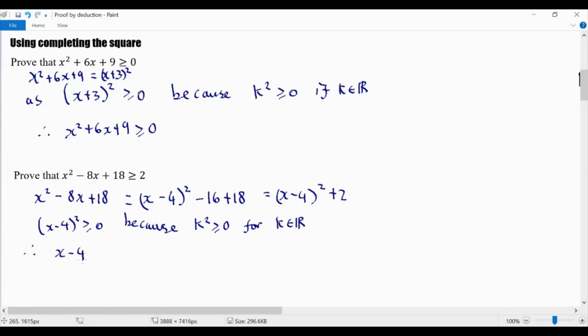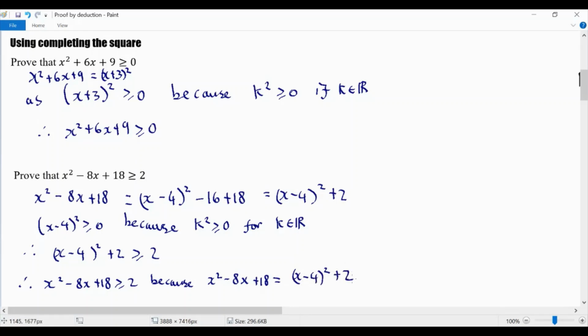Therefore, if we add 2 on, it's going to be greater or equal to 2, and therefore we can say that x squared minus 8x plus 18 is greater or equal to 2, because x squared minus 8x plus 18 is equal to x minus 4 all squared plus 2.